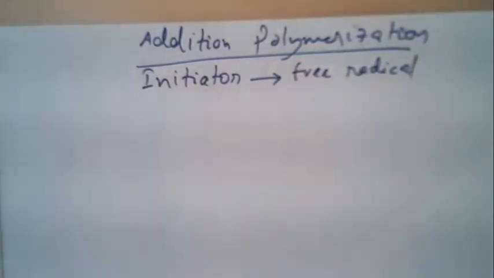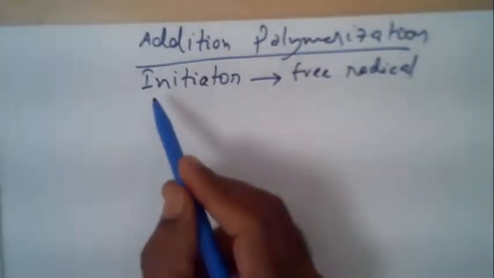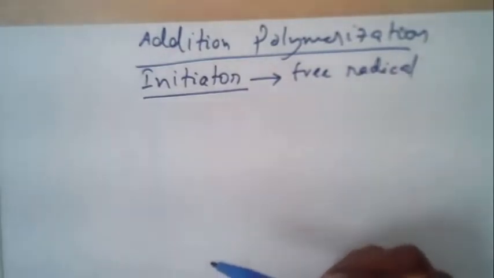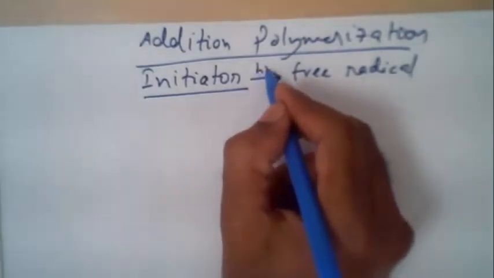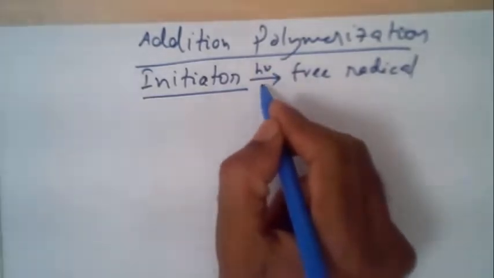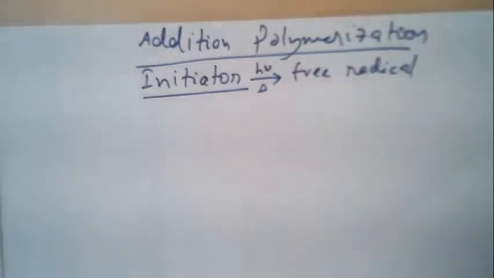Generally, an initiator produces a free radical. These initiators are highly unstable, or susceptible to heat and any sort of radiation. It may be UV or heat, so they will produce a free radical.